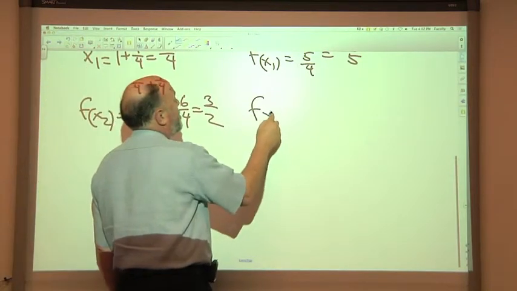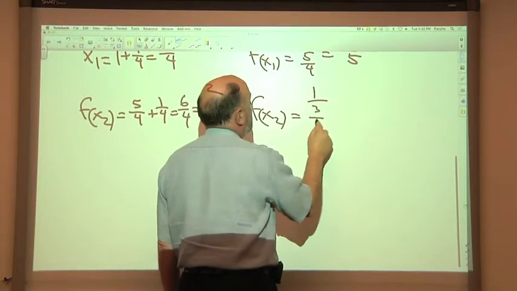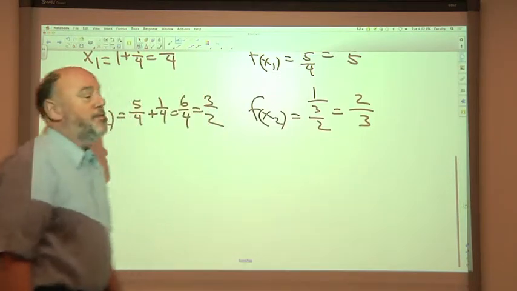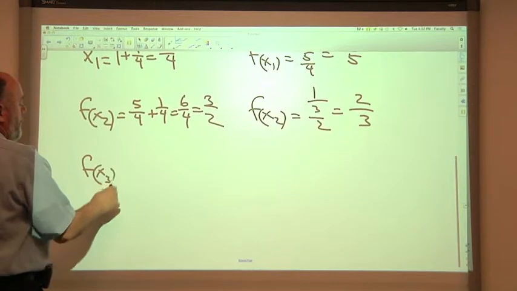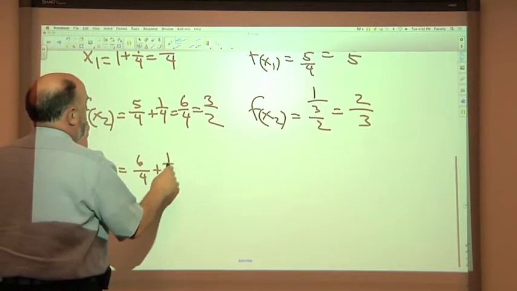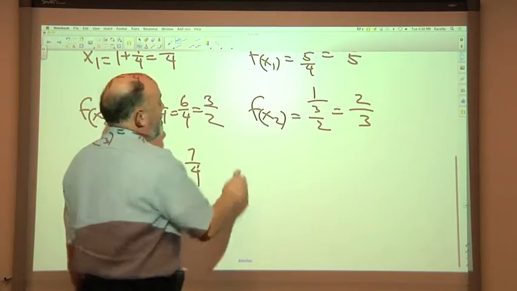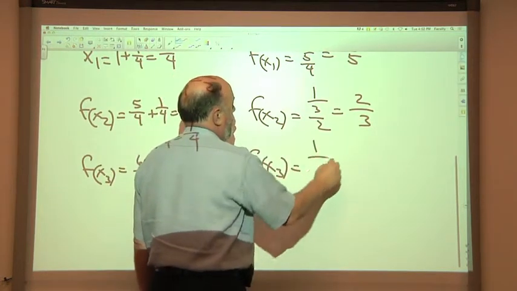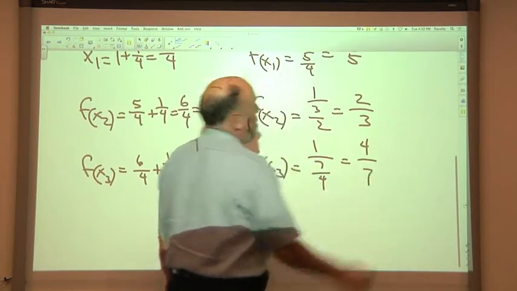And so f of x2 is going to be 1 over 3/2, which will be 2/3. x3 will be 6/4 plus 1/4, which will be 7/4. And so f of x3 is going to be 1 over 7/4, which will be 4/7.